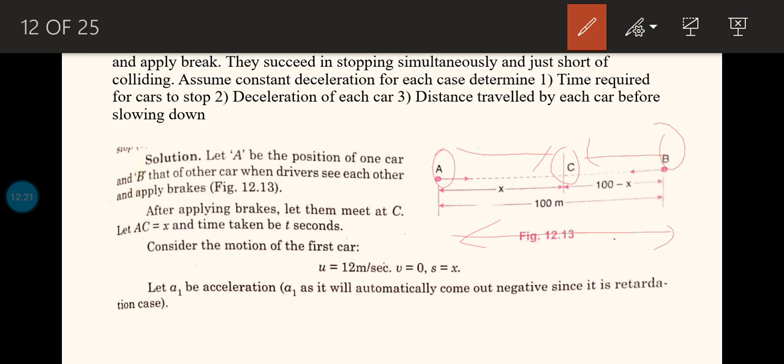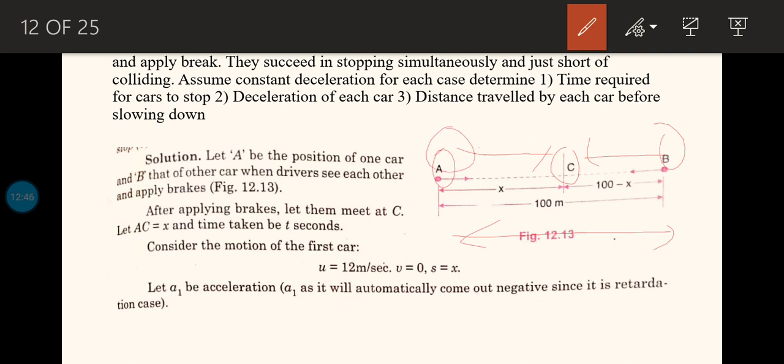Now considering the motion of the first car, u is equal to 12 meter per second, that is given in the question, and v is equal to 0. The initial velocity was 12 meter per second, and we take v equal to 0 because just at the point of collision they stopped, so final velocity will be 0. And s is equal to x.